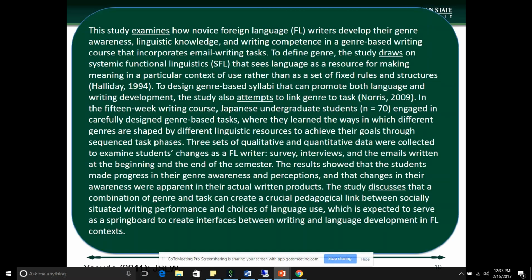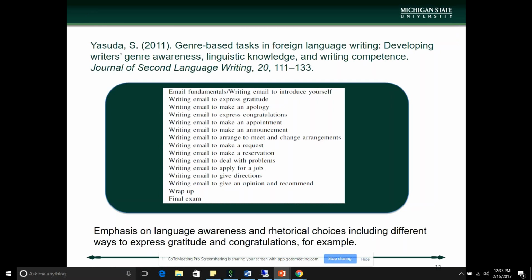This is the abstract from Yasuda's article, and now I'm going to talk about her particular article. I don't know if you have read this article, but it's one of my favorite articles out there, particularly if you're teaching in a foreign language setting.